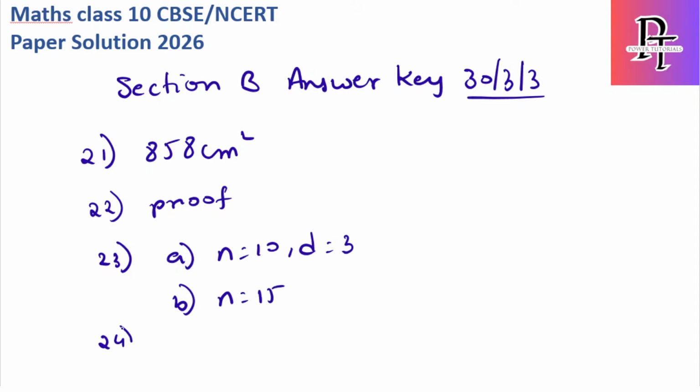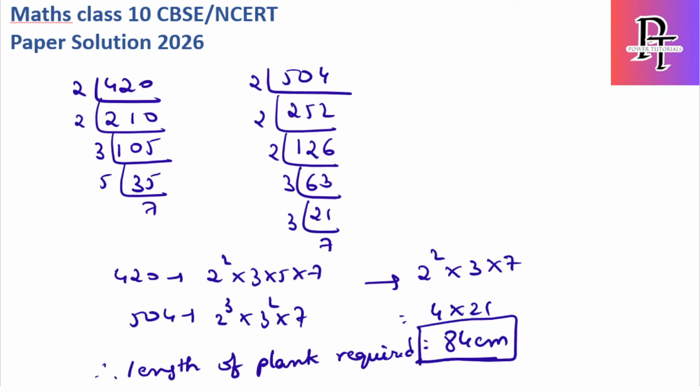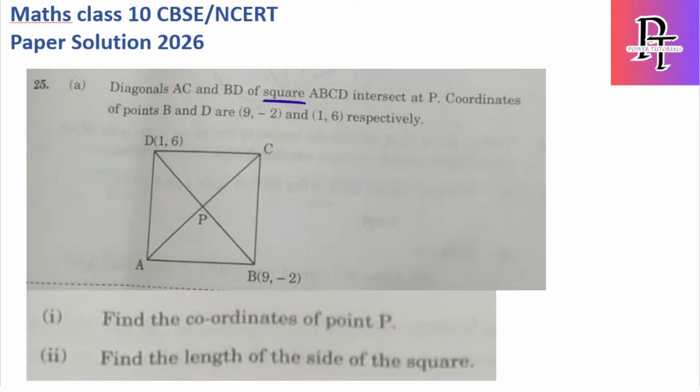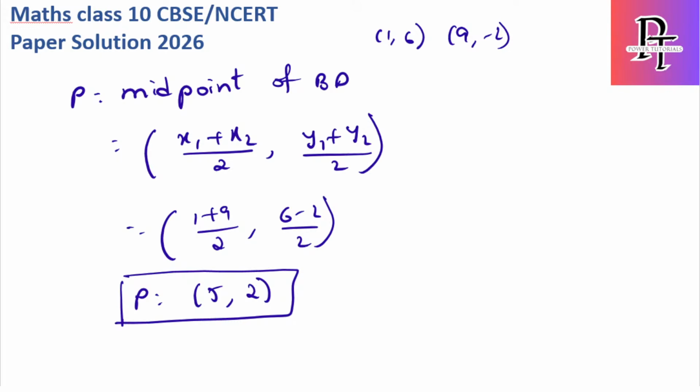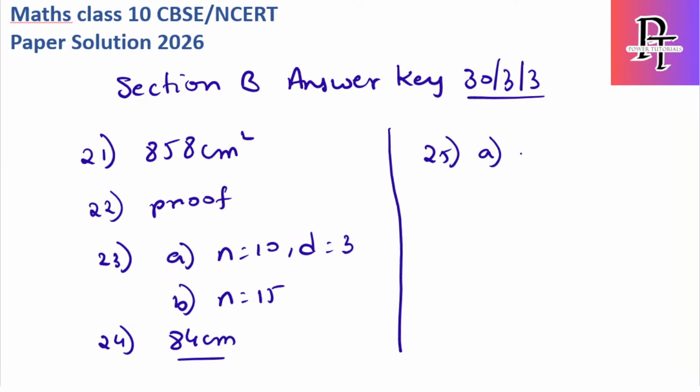Okay, 24th question. So direct one, the HCF, so it is 84 centimeters. The last one, I'll write it here. 25th, we have A and B. So the A part answer is P is 5, 2 and side length is 8 centimeters.